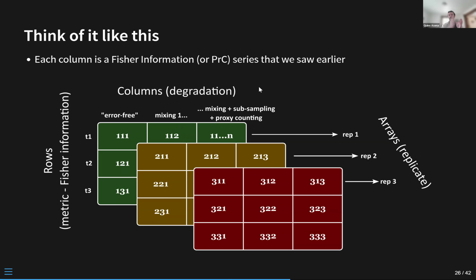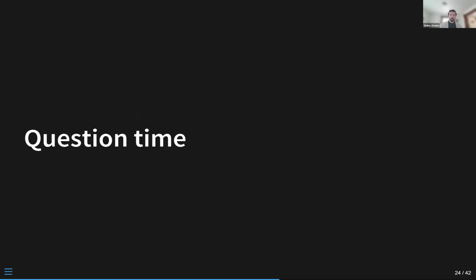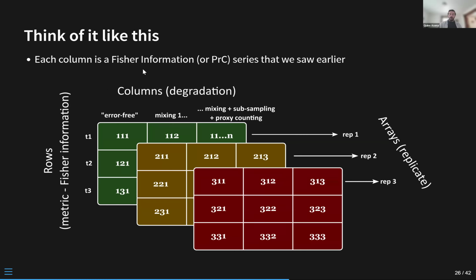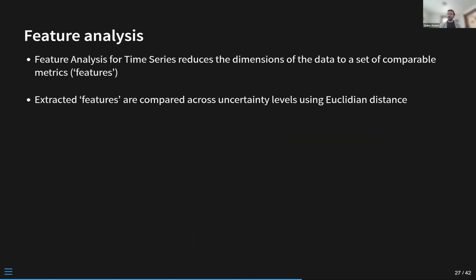Each column, and you can extend that to 1,210 columns, is a layer of uncertainty. And each row is the result of the analyses. So you can imagine that each time step here is a metric from the Fisher information. So insert in that column this image, pretty much. That's how I think of it. But again, we're not going to delve into this particularly deeply because it gets complicated fast.